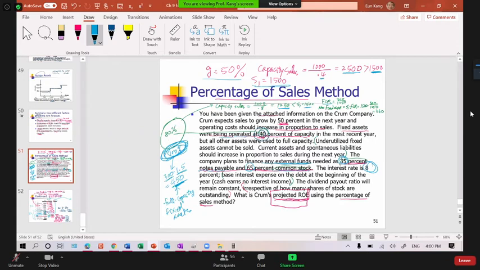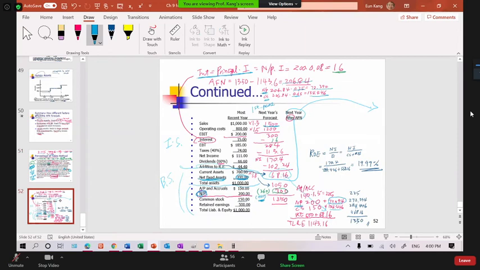Wait, I do have a question. Can you go to the last slide really quick? Sure. I was taking notes when you were explaining this, so I didn't see. When you use the two examples, when we're using 80% capacity and 100% capacity, and you put them as the new net fixed assets, would it only affect the total assets of the equation, or would it affect any other part of the math?